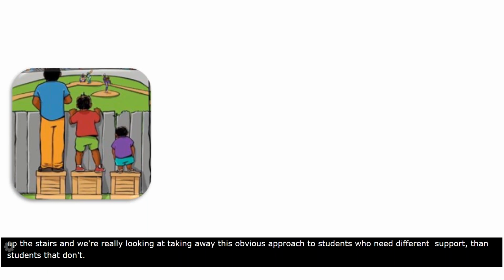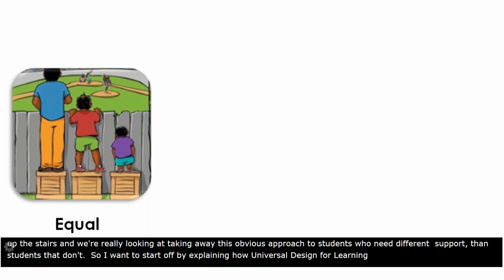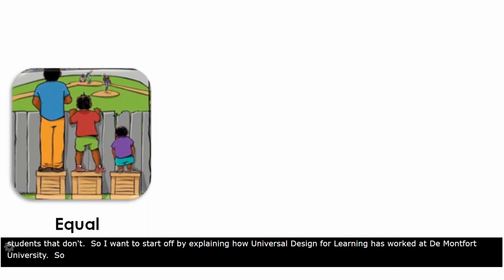So I want to start off by actually explaining how Universal Design for Learning has worked at De Montfort University. We have here, and I would be the person in the purple shirt because I am very small, very short, three individuals who are students at your institution.